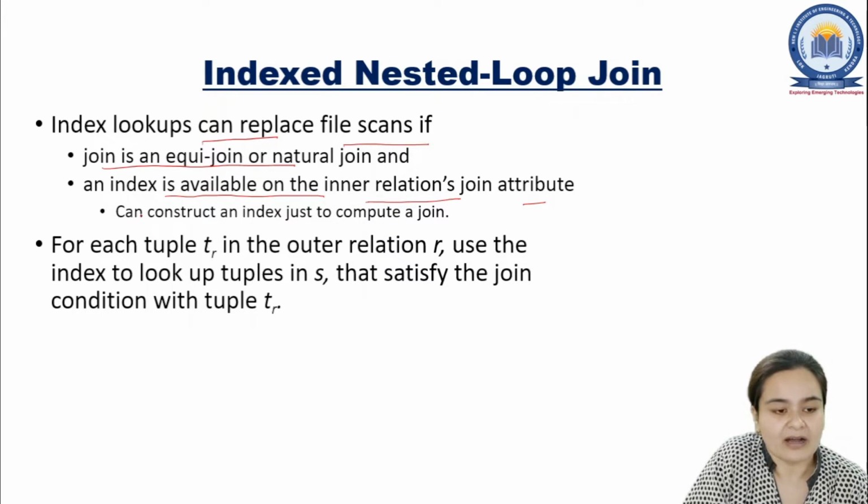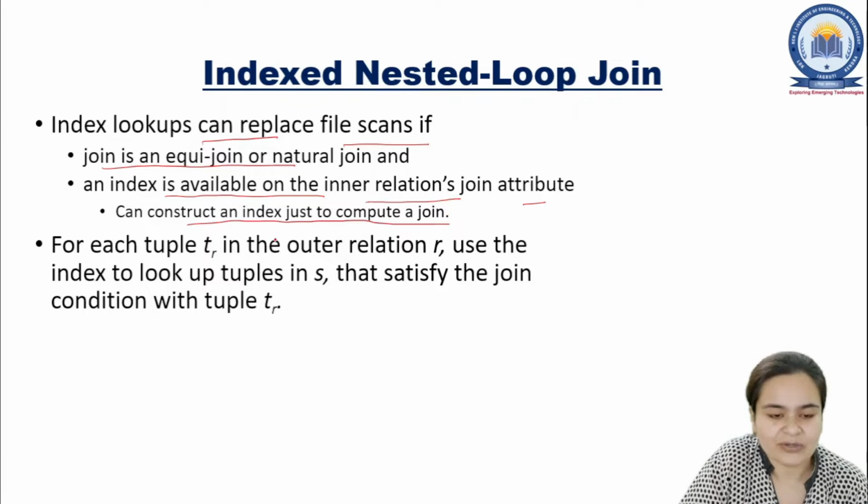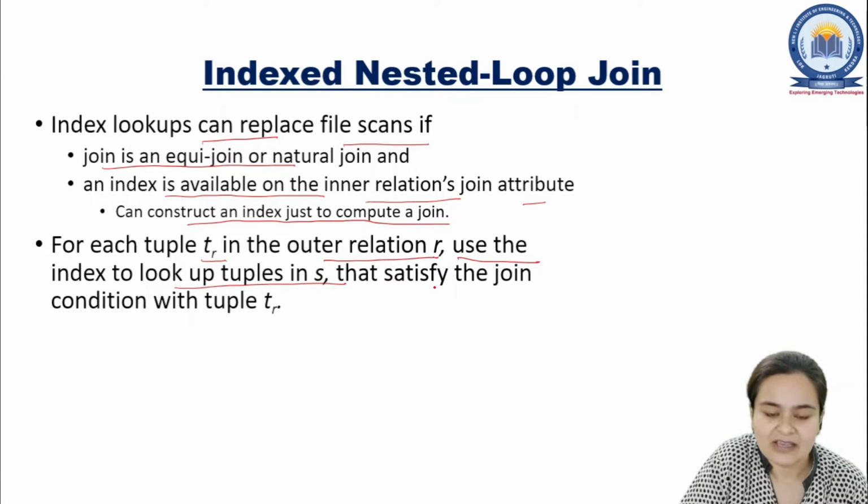We can even construct an index just to compute a join. For each tuple tR in the outer relation R, we use the index to look up the tuples in S that satisfy the join condition with tuple tR; if they do, we keep them, otherwise we leave them.